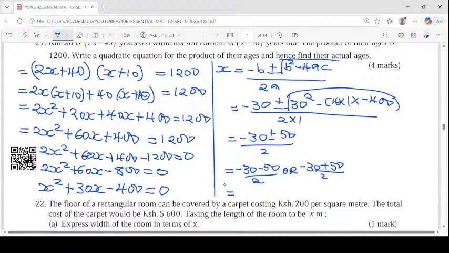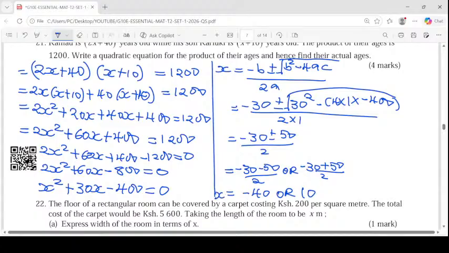In the first case, negative 30 minus 50 is negative 80, divided by 2, this becomes negative 40. Or, when you have negative 30 plus 50, divide this by 2, this becomes 10. So x can be negative 40 or 10.